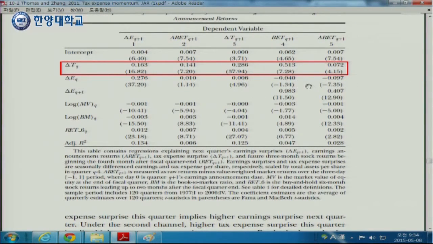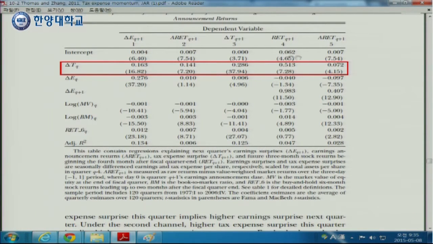But the interesting part is that even if we take into account that future earnings shock, today's tax expense surprise can still predict future stock return, even after controlling for this future earnings surprise. So this is very interesting. Today's tax expense surprise includes information beyond the information included in today's earnings surprise and in future earnings surprise.